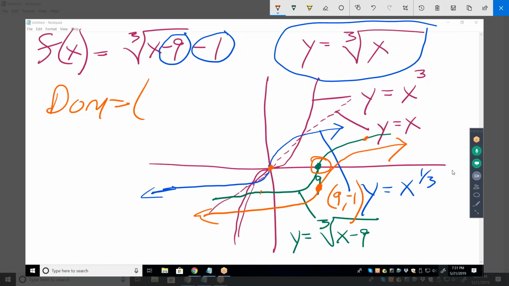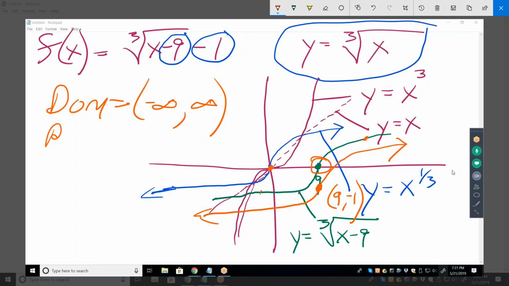To negative infinity of x. Where's the right side headed? Positive infinity. In other words, x can be anything we want. There is no number that I cannot plug in for x, only because you can take cube roots of positive and negative numbers. In other words, there's no rule that says x minus 9 has to be greater than 0. It can be greater than 0, equal to 0, less than 0.